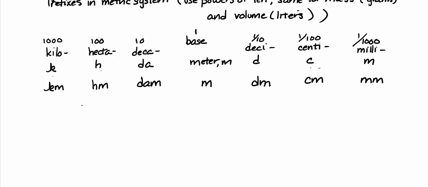So if you think of the order, you have King Henry died, but it's actually DA, once, which is my base. Drinking, chocolate, milk. So that's kind of the way you can remember the order of the prefixes.